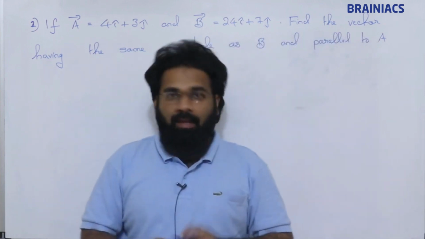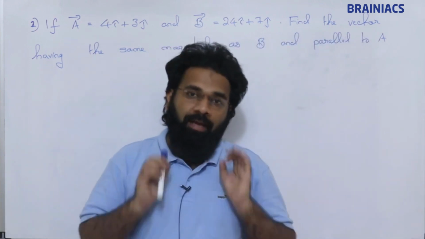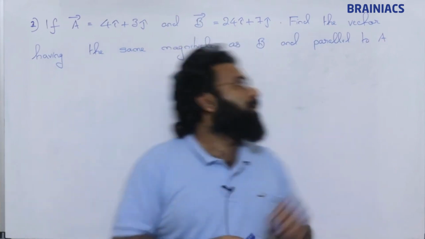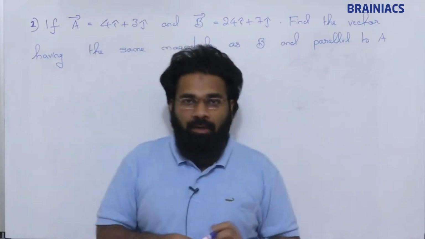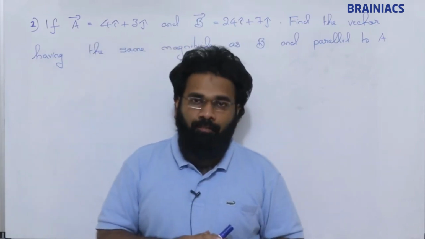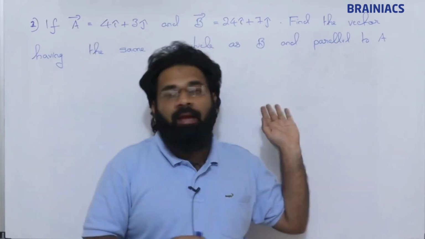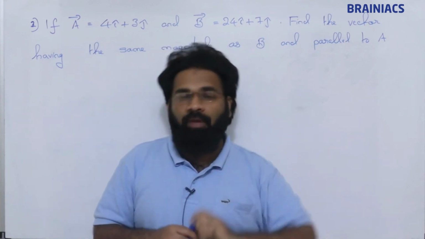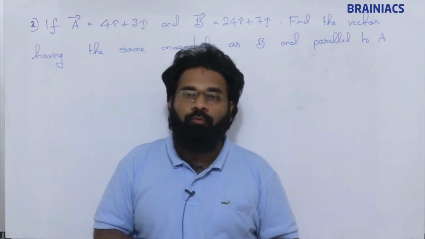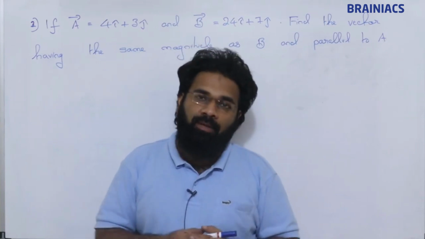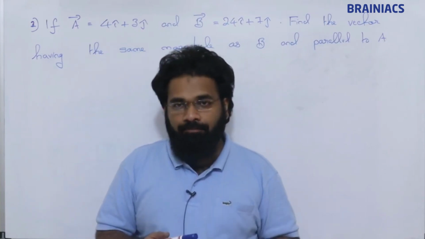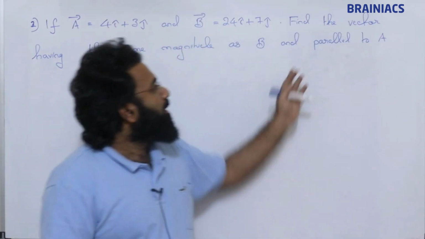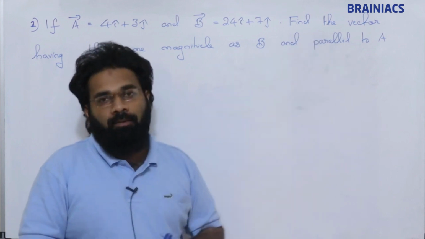What they are asking is, we should find a vector which has the magnitude of B, and parallel to A means the direction of A. So what we should do? We should find the magnitude of vector B and put the direction of vector A to the vector.